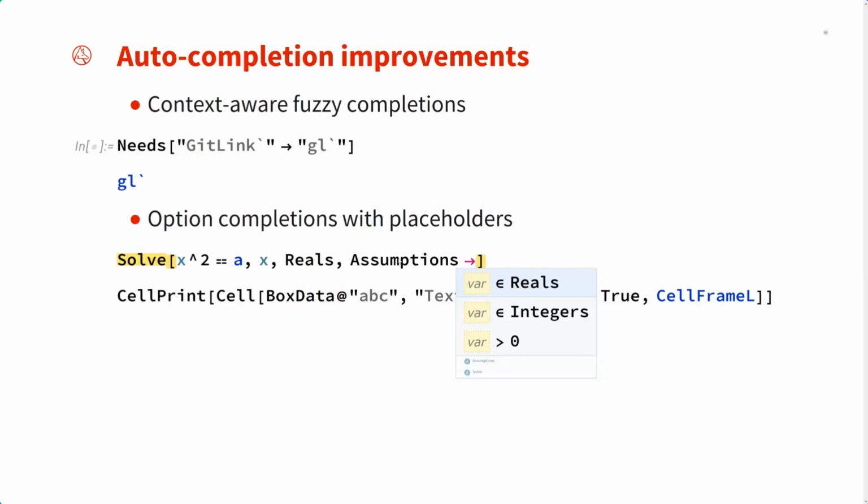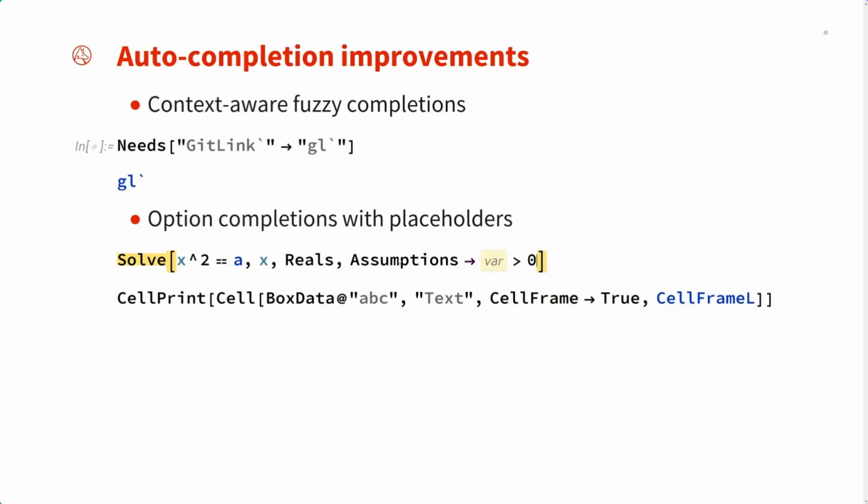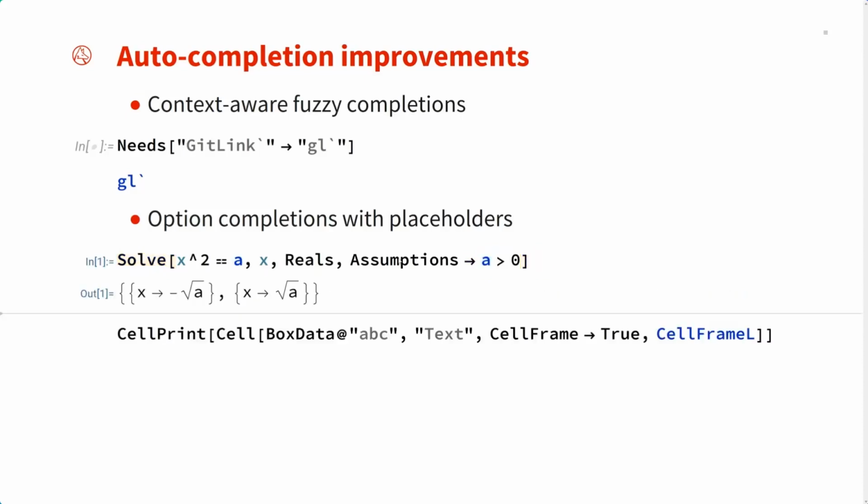If we just put in X there, we don't know that it's X. So now we have a class of completions which support placeholders. And now I can choose that I want something greater than 0, and now maybe it's A that I wanted greater than 0, and then I can solve for that. And yay, everything worked.